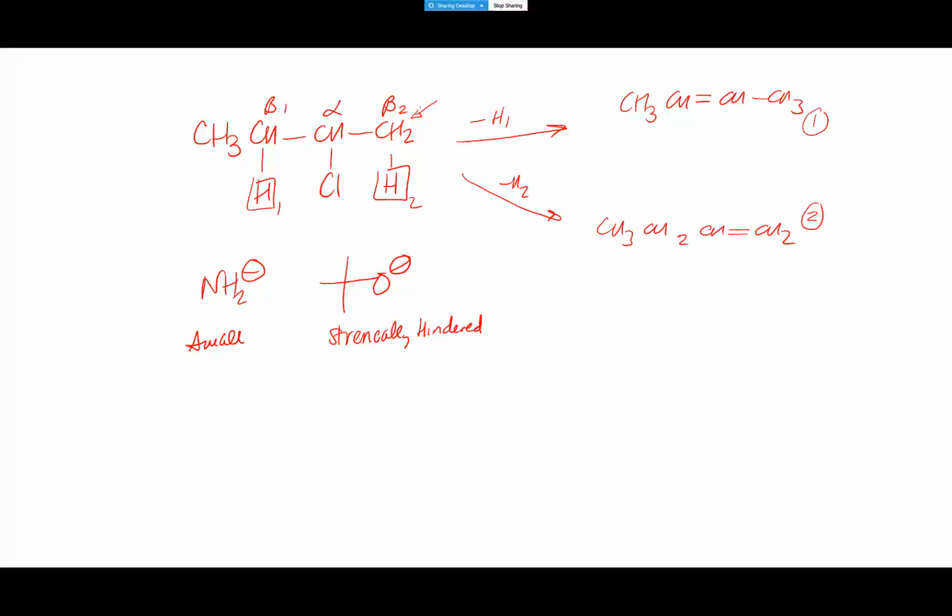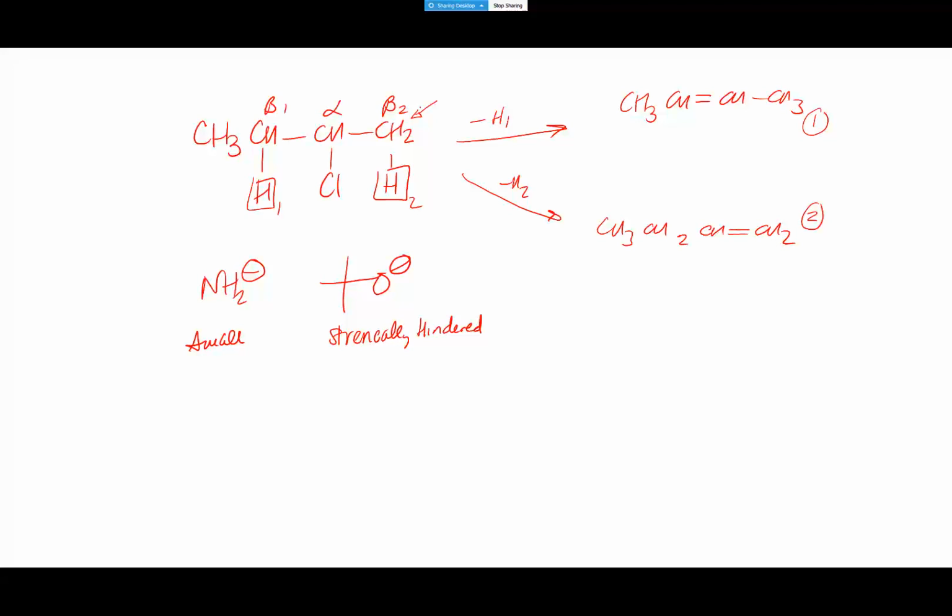Which one is it going to be easier for it to get to, 1 or 2? 2. What kind of carbon is beta carbon 2? Primary, secondary, tertiary? Primary. Beta carbon 1, sorry. What kind of carbon is that? Secondary.